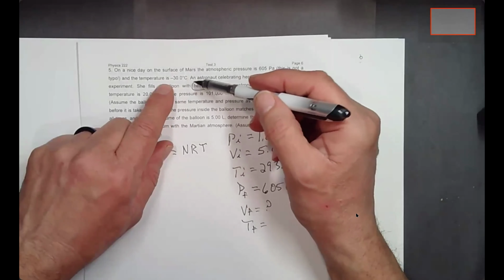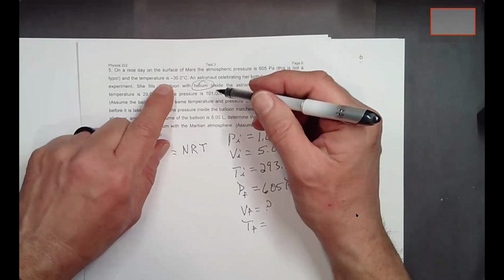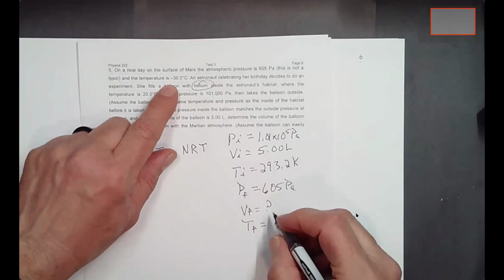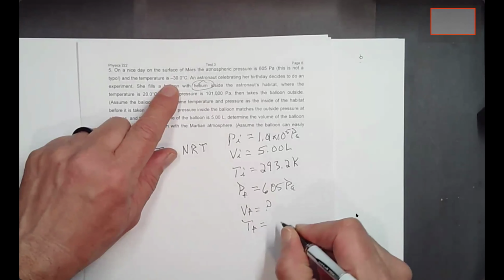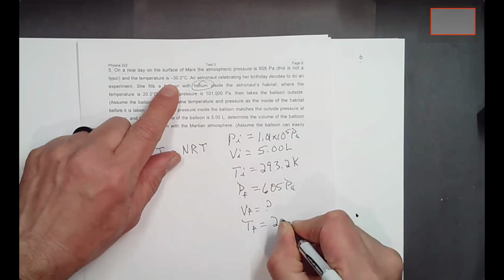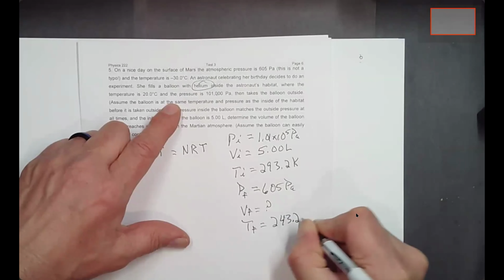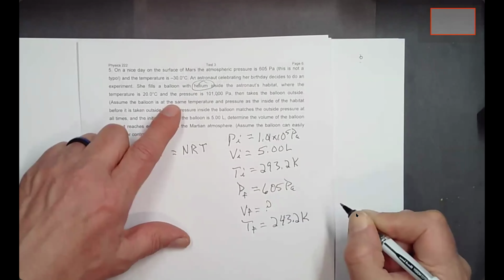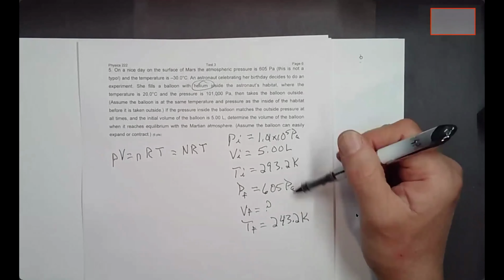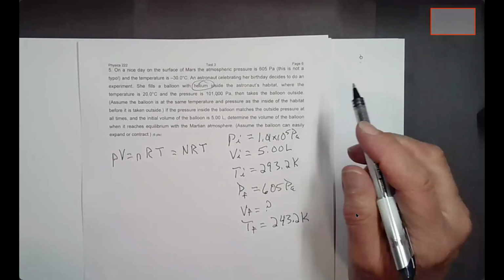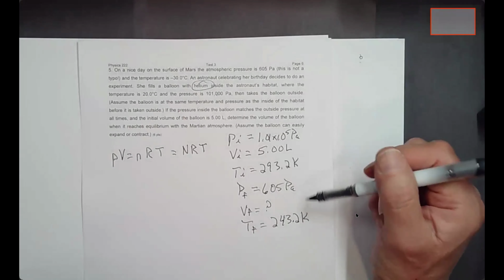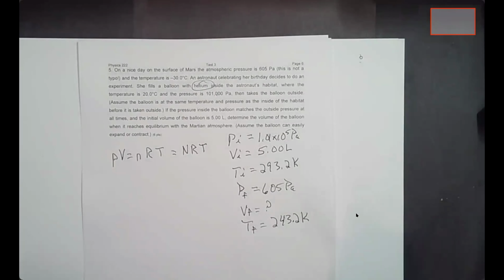Add the minus 30 to 273.15, and you would get 273 minus 30, 243.2 Kelvin. So we've got more sig figs on the temperature than we do on anything else. I didn't really need to keep track of all those, but it doesn't hurt.